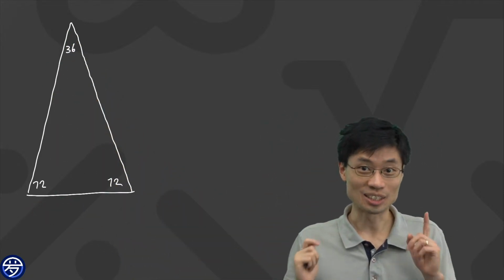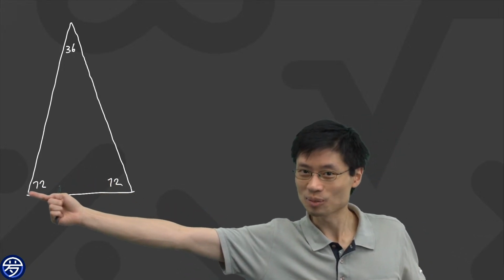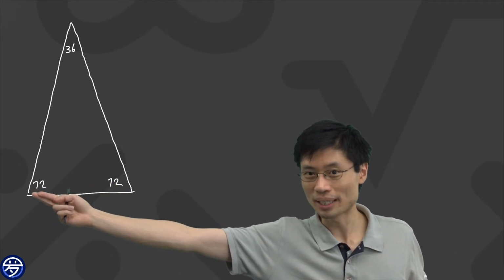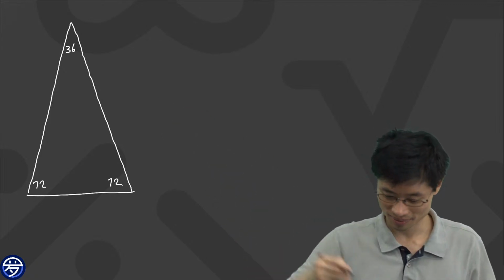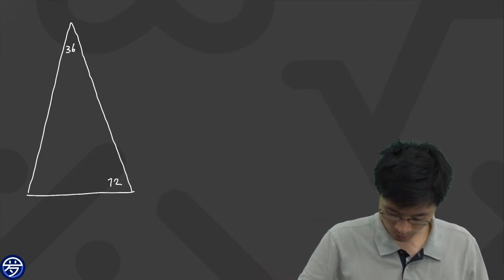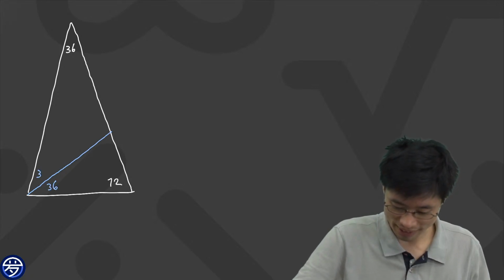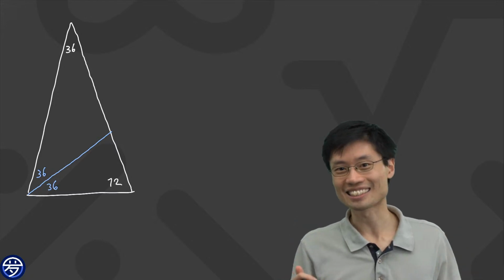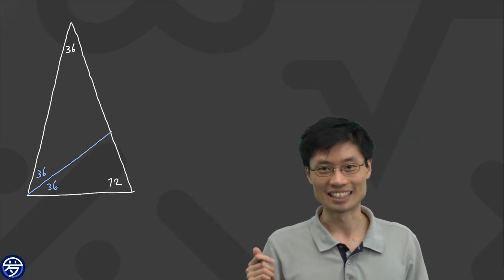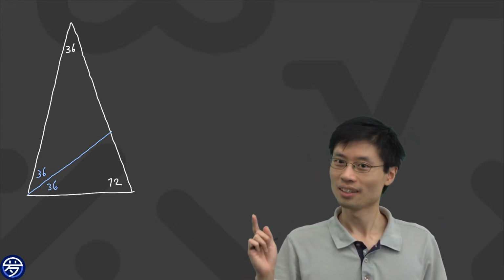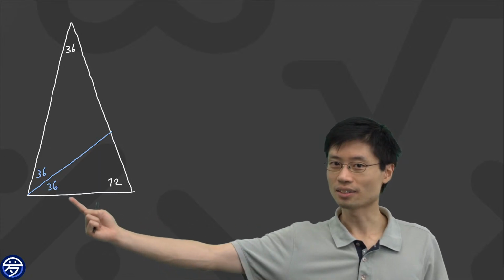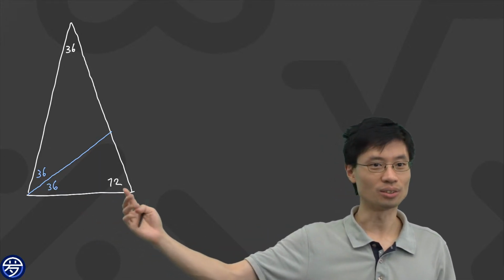And here is a trick. I'm going to take this big angle here and cut it in half. Zoop. Oh, I cut it in half. That means this is 36 and this is 36. Now, why is that exciting? The reason that's exciting is because, hey, it's another 36 and a 72.